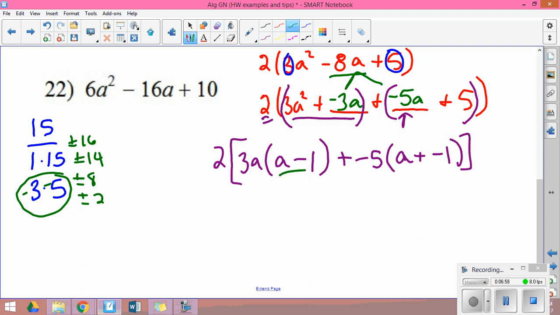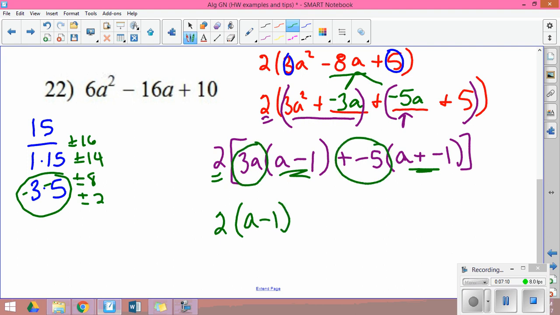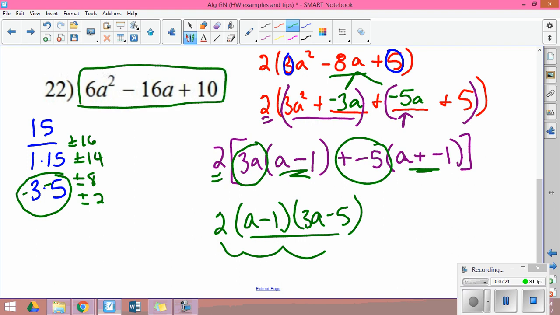Then, just like I want, a minus 1 and a plus a negative 1, those are the same. I'm going to pull that out. Again, don't lose the 2. And what's left? 3a minus 5. If you FOIL these two and then distribute the 2, you will end up back where we started. It does not matter if you write 2 times 3a minus 5 times a minus 1. The order, remember multiplication is commutative, the order doesn't matter.